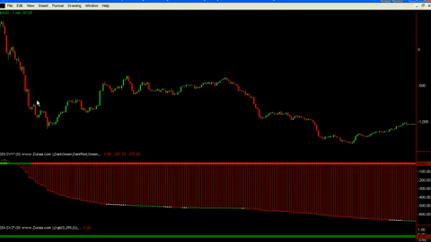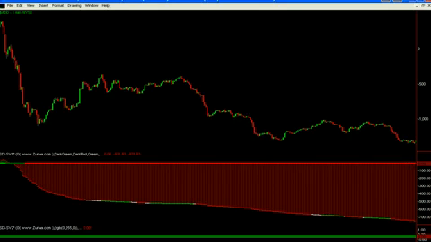This is the difference between advancers and decliners plotted as a chart, as one symbol. It's a great internal index where you can refer to it even as an indicator by itself. And plotting this indicator on it, you could compare the SDI of your internal to the SDI. Let's say you're trading ES, for example, or YM, and you can compare the two SDI indicators to see how lined up they are.